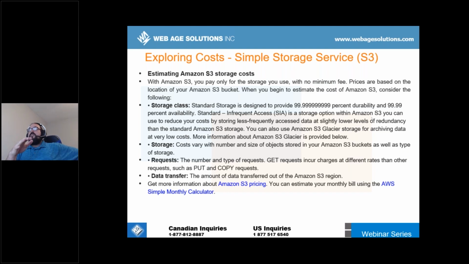The simple storage service is super fascinating because it has evolved from the standard S3 and Glacier tiers of storage.